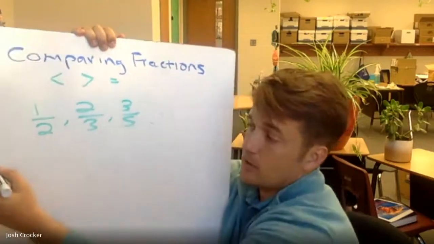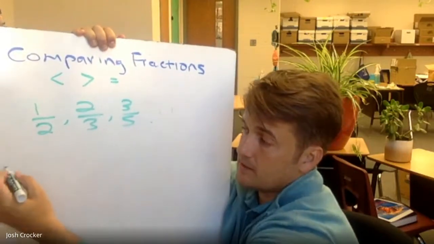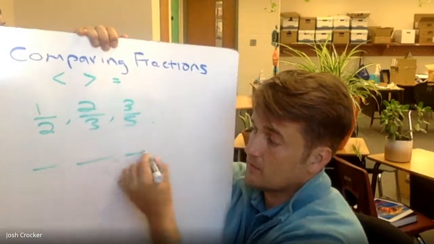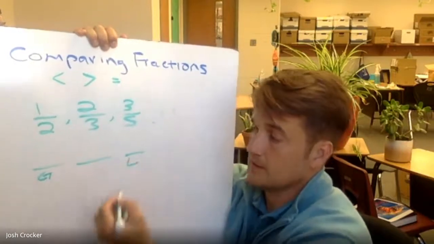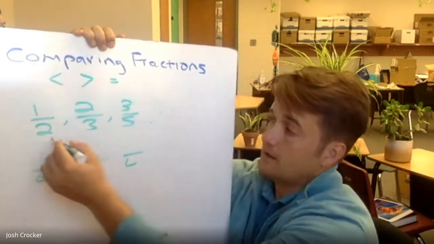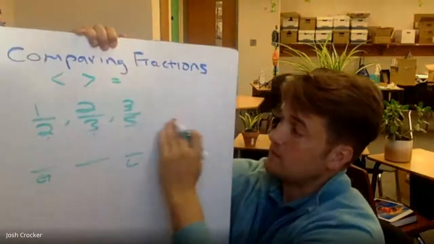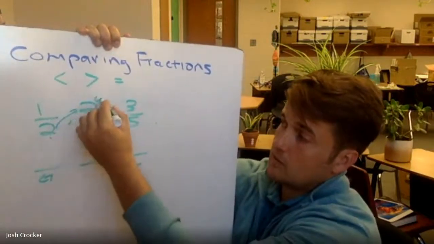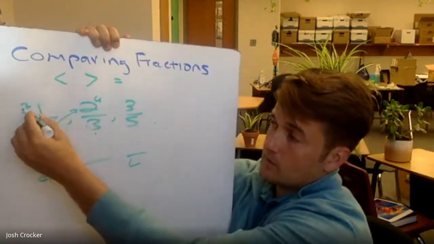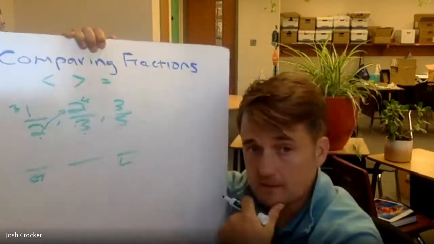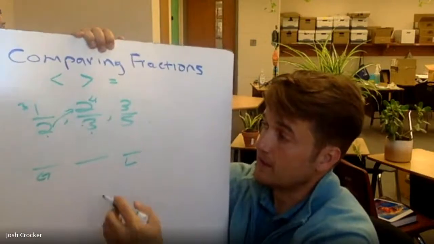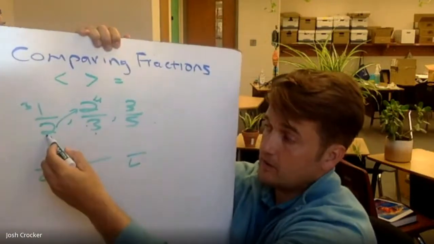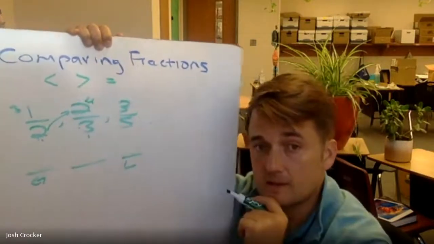Let's say we're going greatest to least. I'm going to start with 1/2 and 2/3. 2 times 2 is 4, 3 times 1 is 3, 4 is more than 3. So I know that 1/2 is less than 2/3.